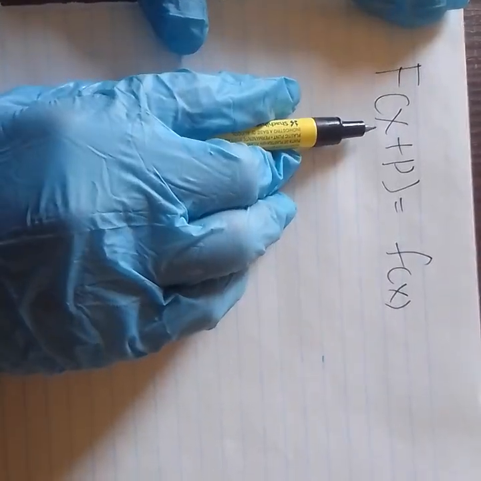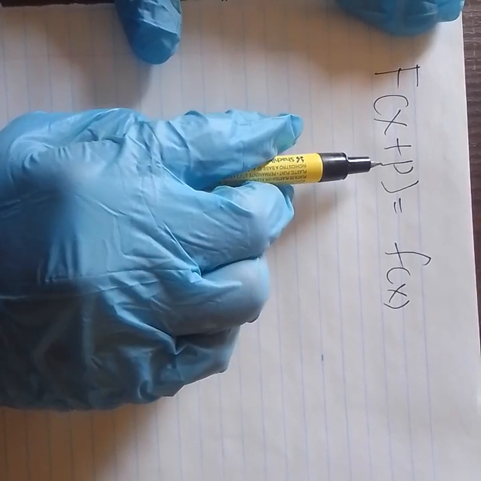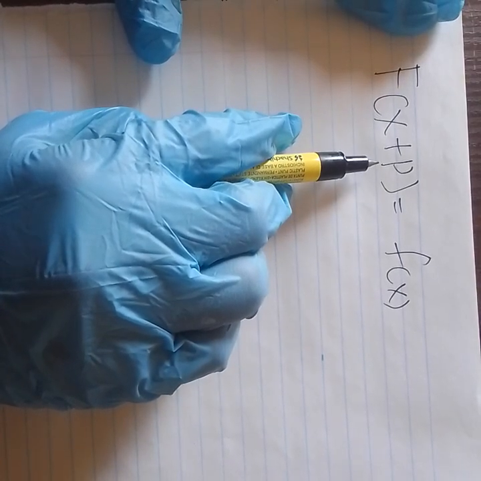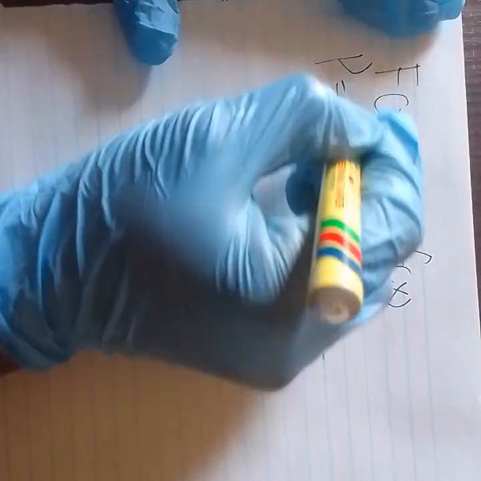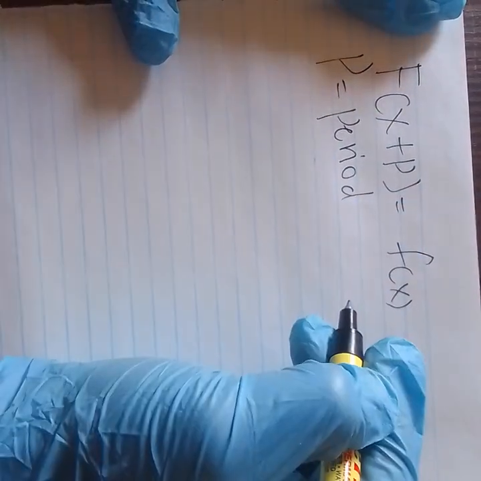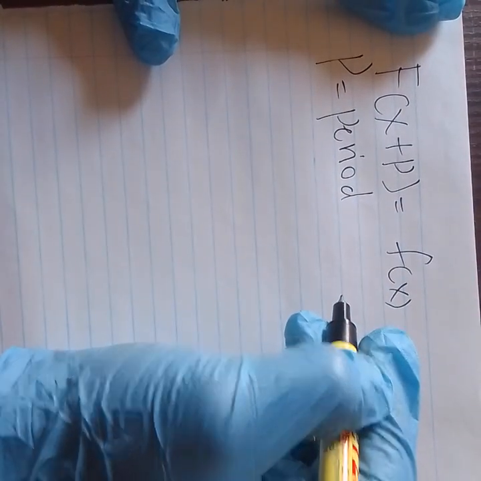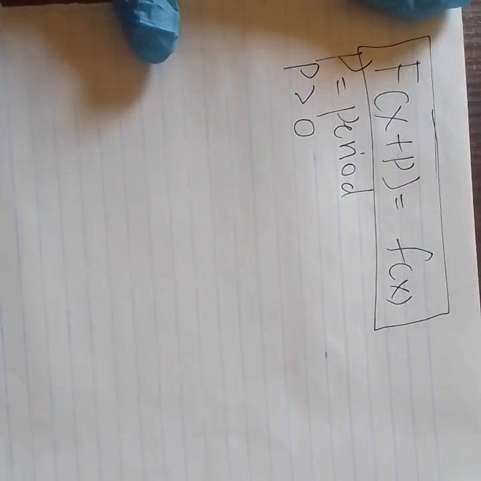This function of x is periodic with a constant period p, where p is the period of the function, and the period has to be greater than 0. This is the general formula that we use for a periodic function.